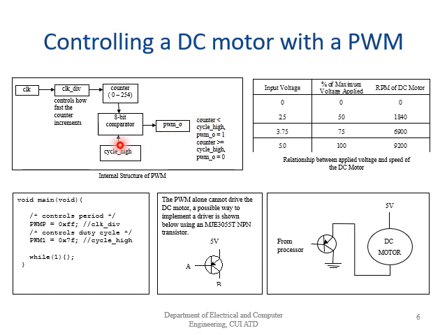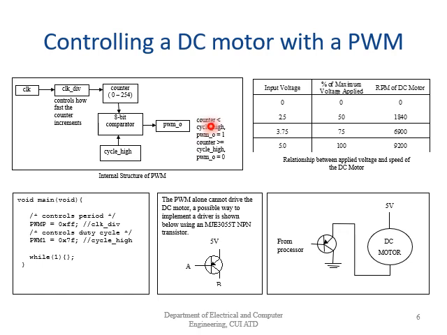Likewise, for cycle high, if we have cycle high as 255, and we convert 255 to hexa, it will become 0xFF. So if cycle high is FF and the counter goes from 0 to 254, we are going to have PWM output 1. Why?